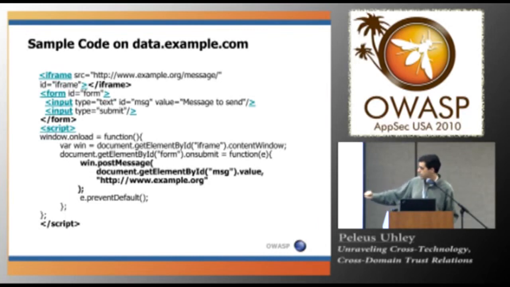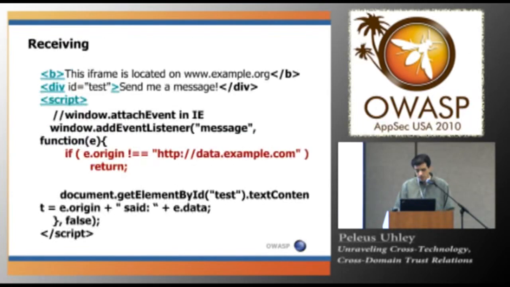It's just postMessage, the value you want to send, and then followed by the domain you want to send it to. On the receiving side, you add an event listener on your window. In IE, it's window.attachEvent. And you catch the event as it comes across the frame boundary.